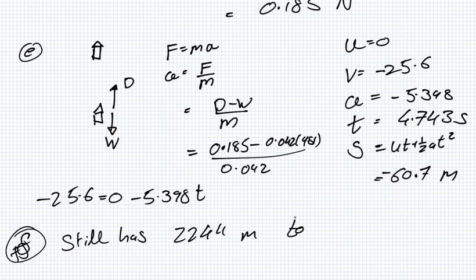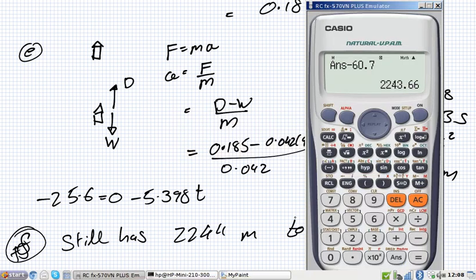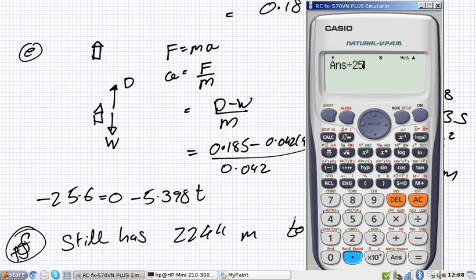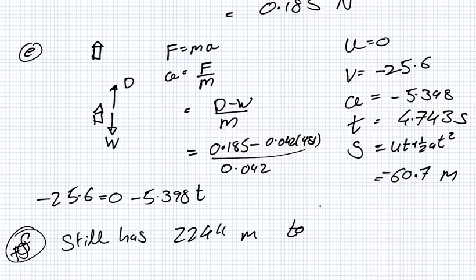So at that point the drag force and the weight have equalized and it's not continuing to speed up as it falls. So it's traveling at a constant speed of 25.6. Using distance, speed, time, it's 2244 divided by 25.6. 87.6 seconds.